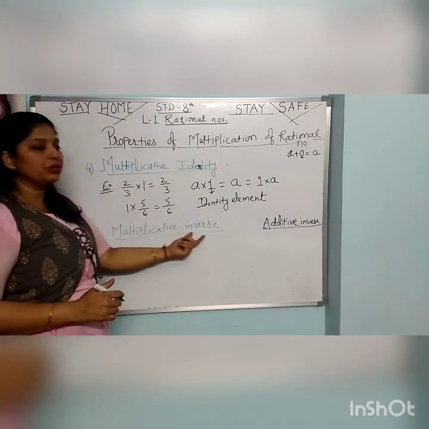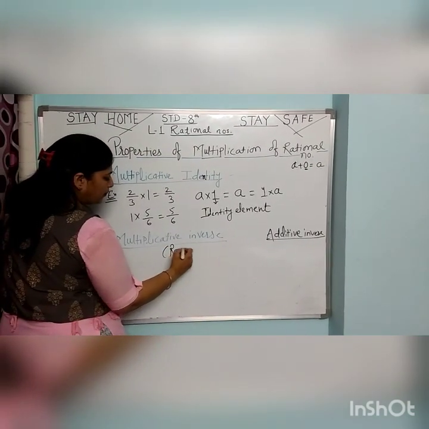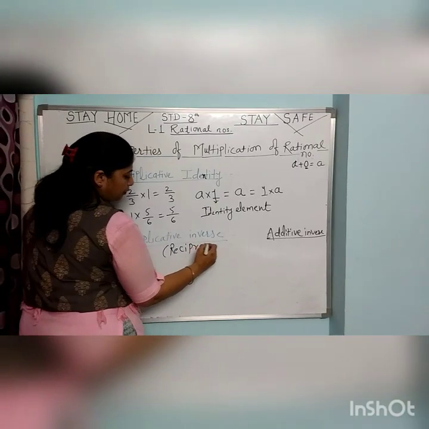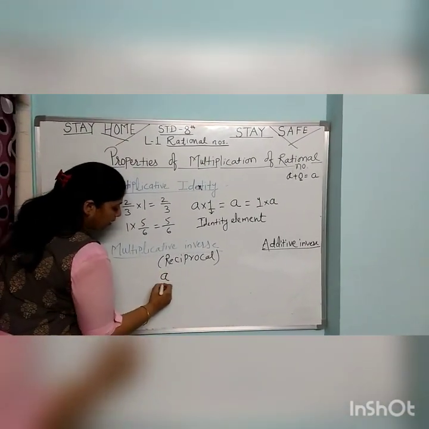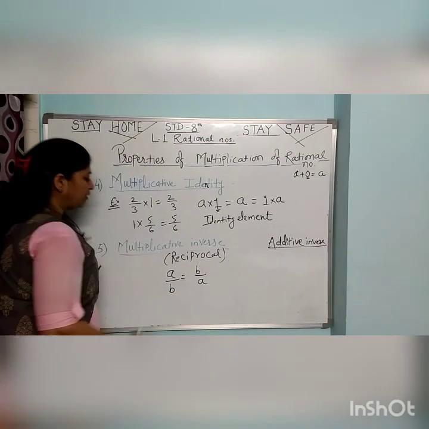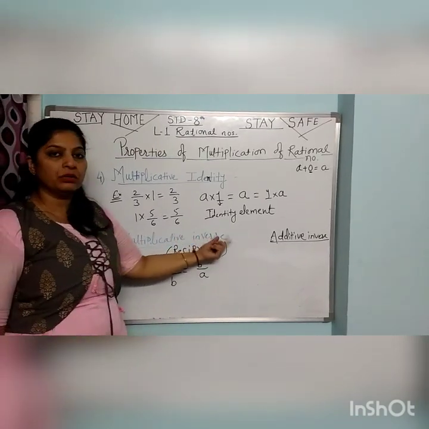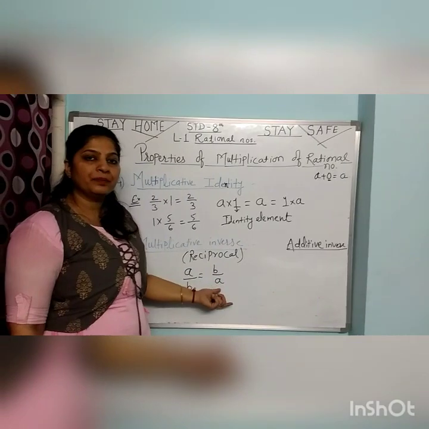Now the multiplicative inverse can be called the reciprocal. Reciprocal means the numerator of a number becomes the denominator when we find its multiplicative inverse. So A upon B becomes B upon A.